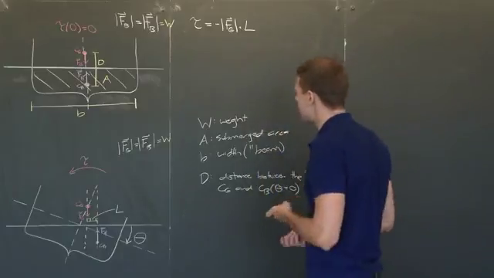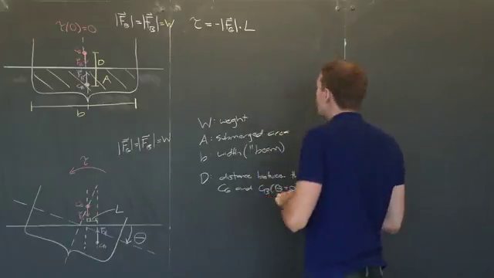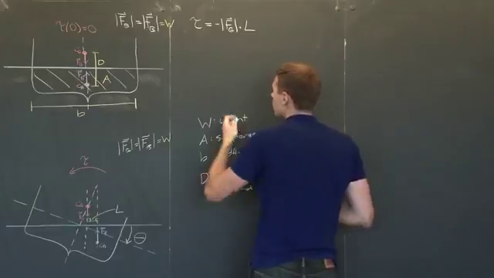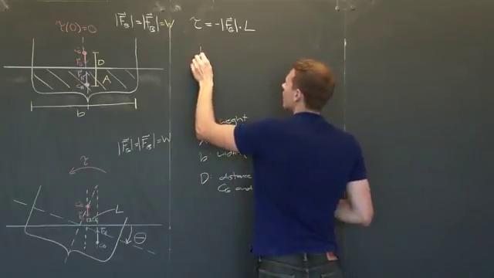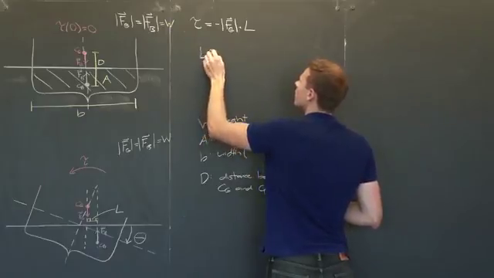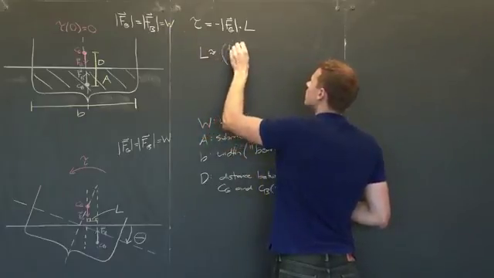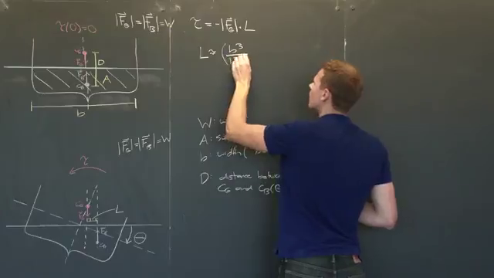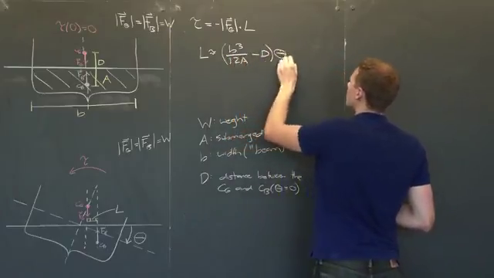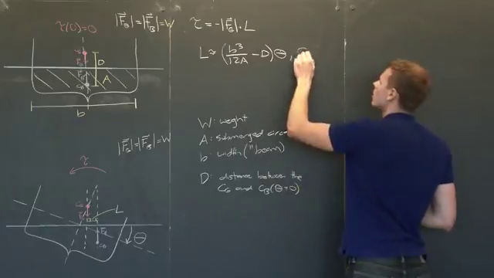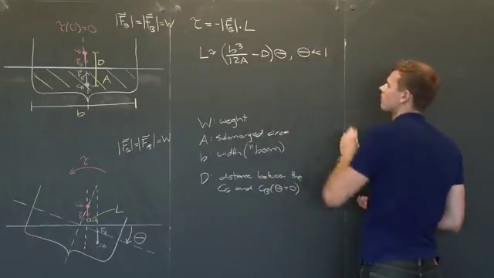It turns out that if you work it out, L is given by the following expression, which is accurate for small rotation angles. We have that L is approximately B cubed over 12A minus D times theta. And again, this is only valid for small rotation angles.